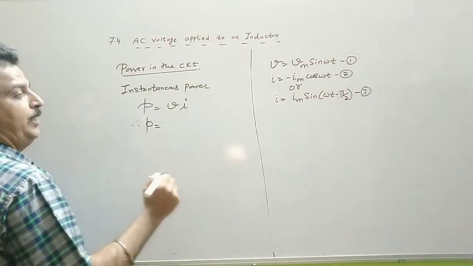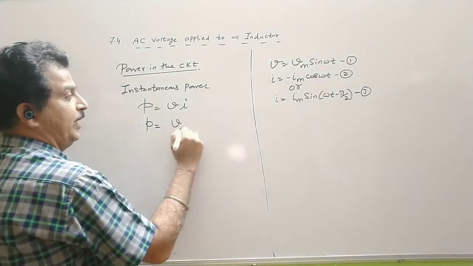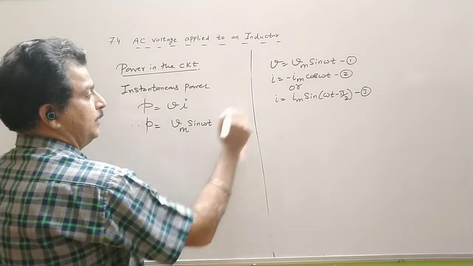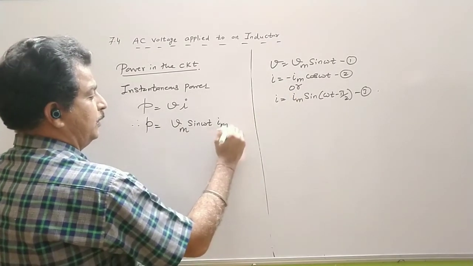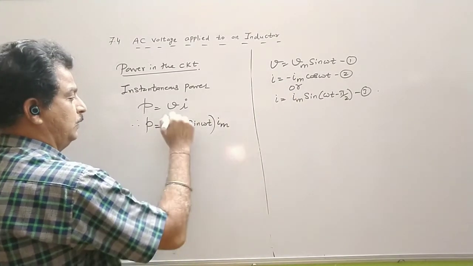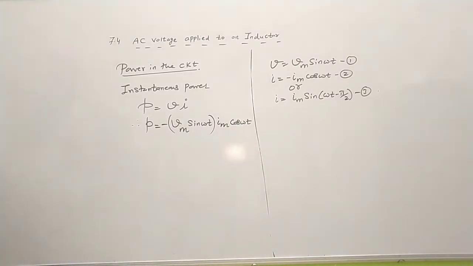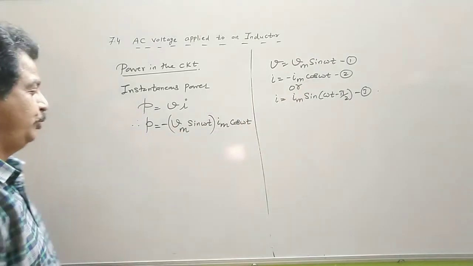Therefore P is equal to Vm sine of omega t, then Im minus cos of omega t. So we are simply substituting the values.